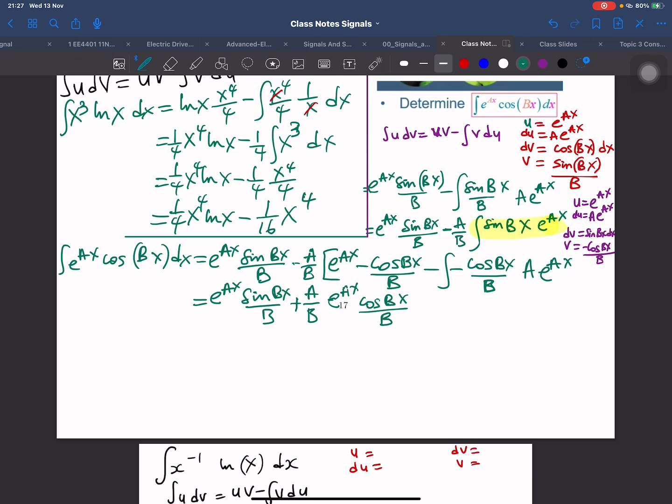Then this minus here will cancel this minus, but because it has a over b, it has also minus sign. It will also maintain the minus sign again.